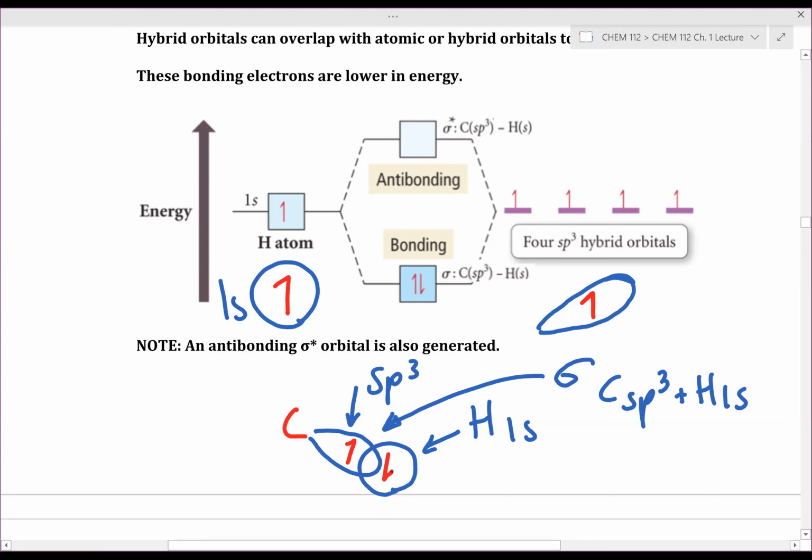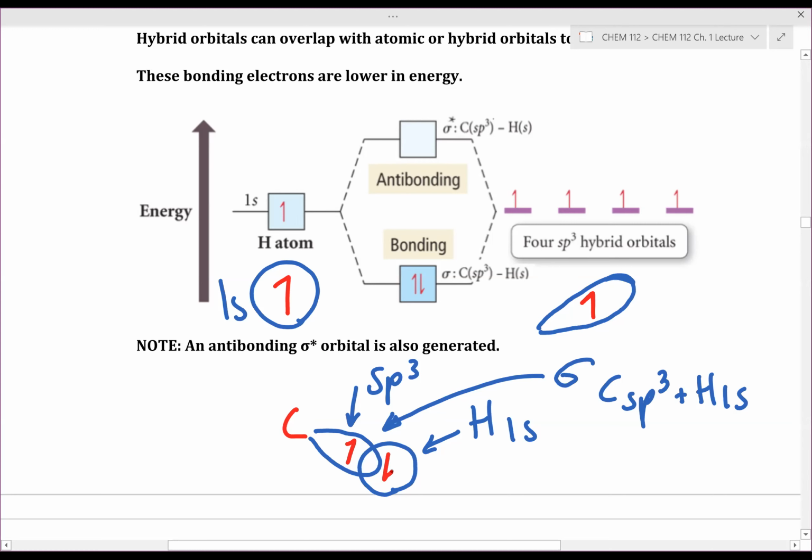Does that make sense to everyone, how this process of orbital overlap works? So this is the process when we're overlapping the orbitals.